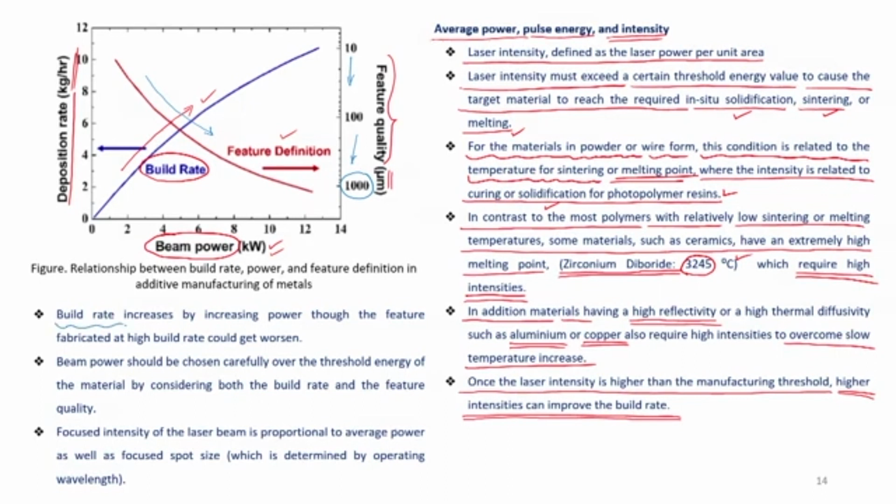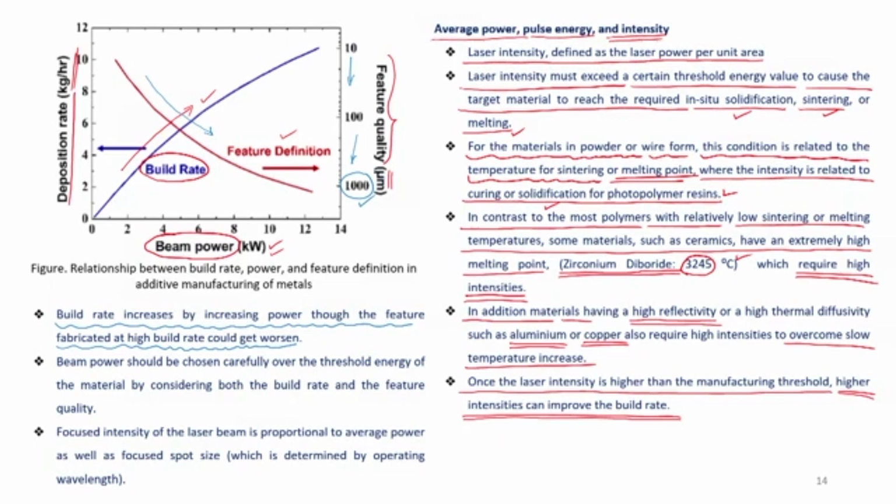So, build rate is increasing with power, though the feature fabricated at high build rate could get worse. The quality of the feature is deteriorating because we are only able to manufacture a broader feature when high power is applied.